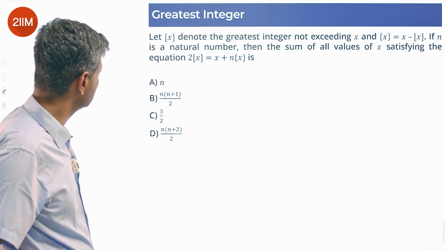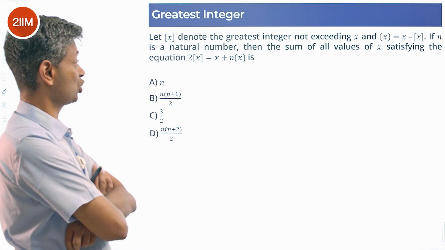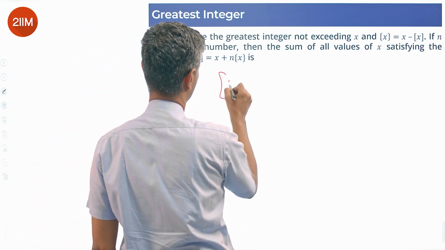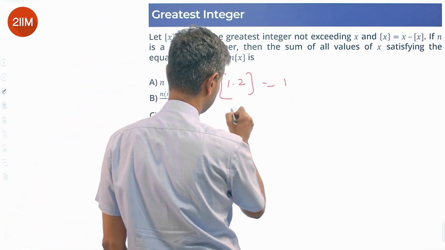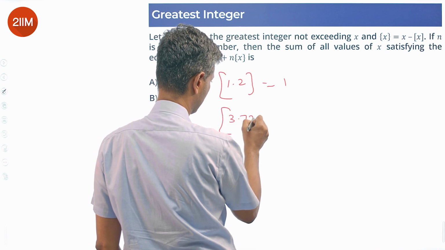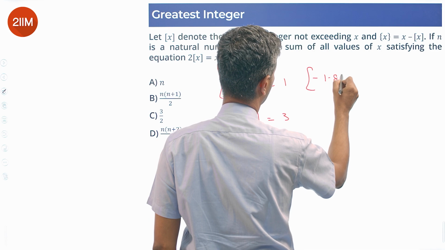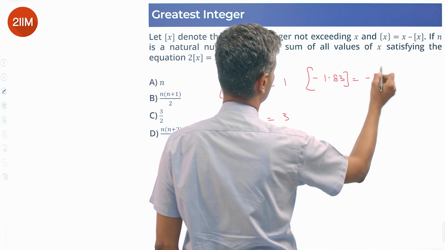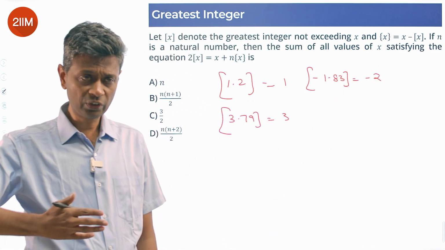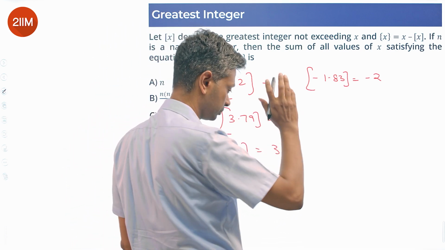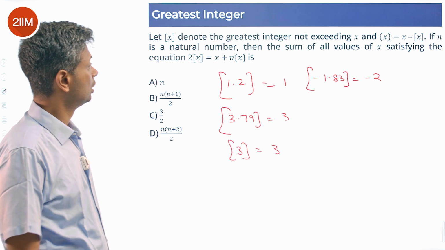Let greatest integer of x denote the greatest integer not exceeding x. That is, if you think about it, greatest integer of 1.2 is 1, of 3.79 is 3, greatest integer of minus 1.83 is minus 2. If it were an integer, greatest integer of 3 is 3. Right, lovely.